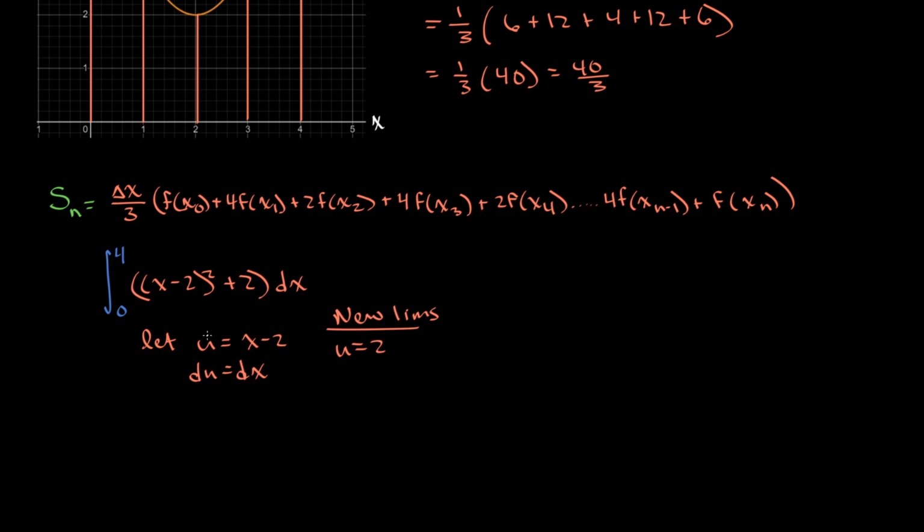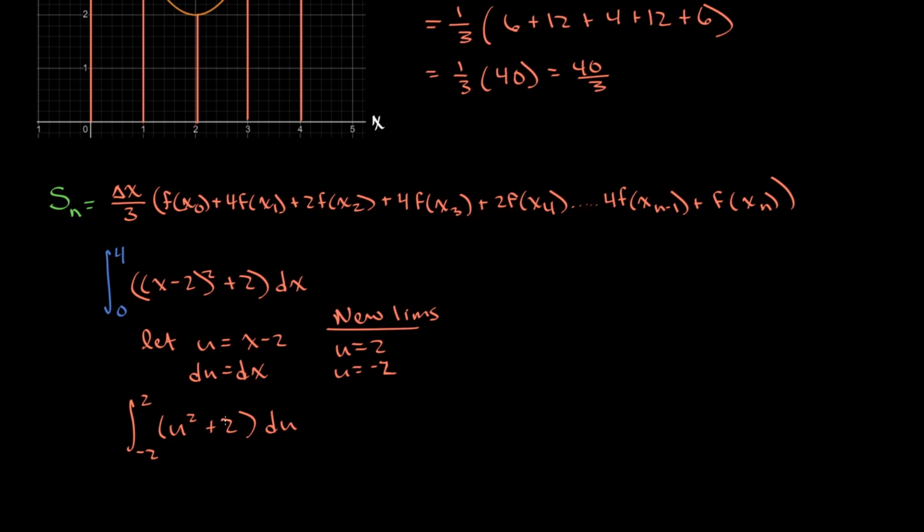For our lower limit, we have 0 minus 2, so that is negative 2. So our new definite integral under this u substitution is the definite integral from negative 2 to 2 of u squared plus 2, integrating with respect to u.